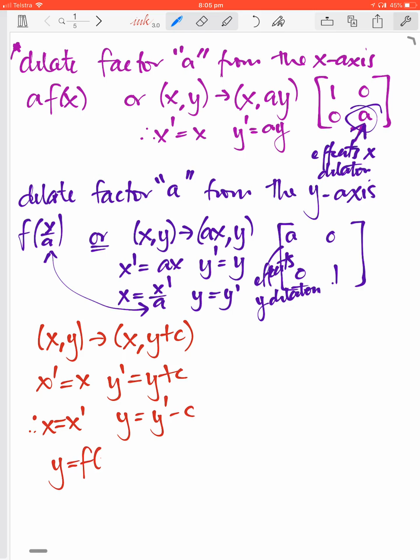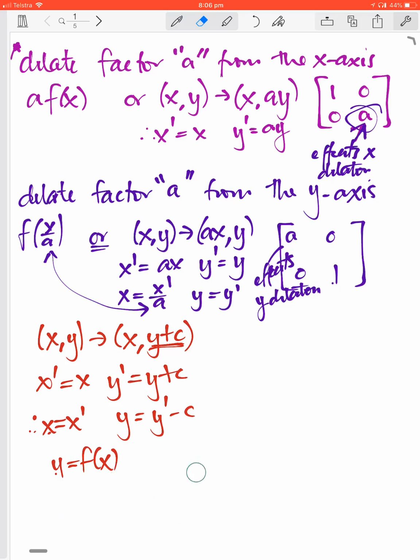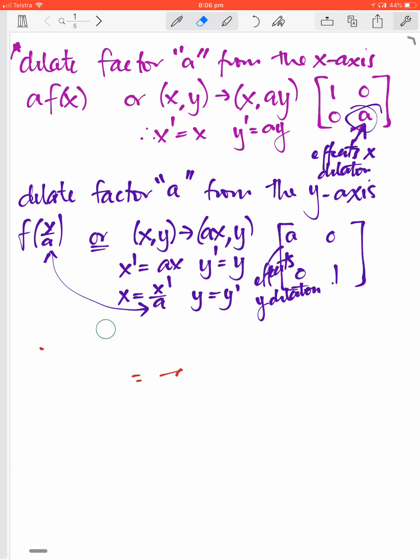But if we have an equation y equals f of x, we replace y with y minus c, and f of x stays the same. When I bring that c to the other side, I get y equals f of x plus c. So that's a translation up C units. And like I said, in terms of matrices, you just keep the same value, like plus whatever C is if you want to move it up C. Now I'm just going to write it in terms of a matrix so that you know.